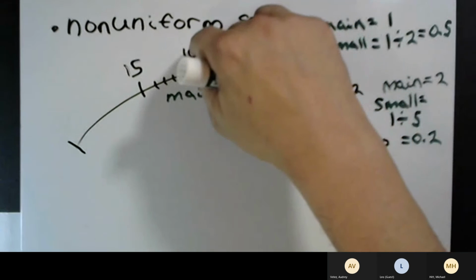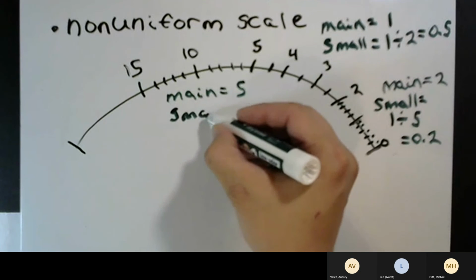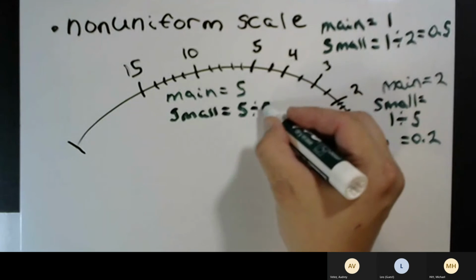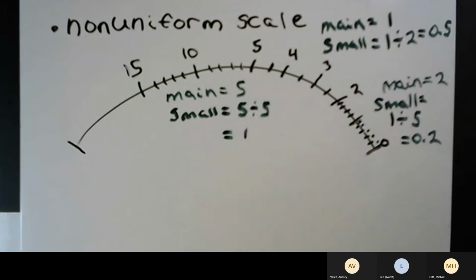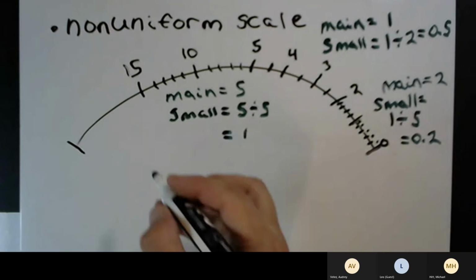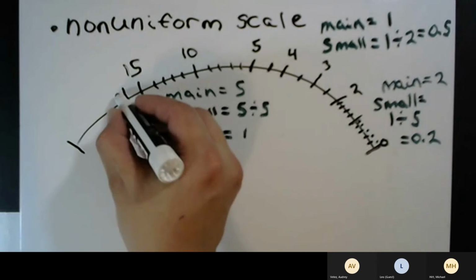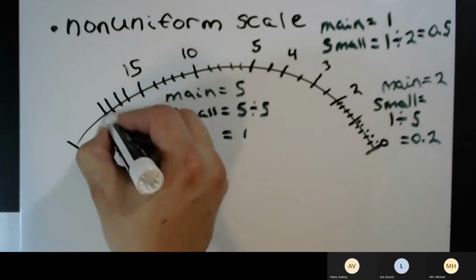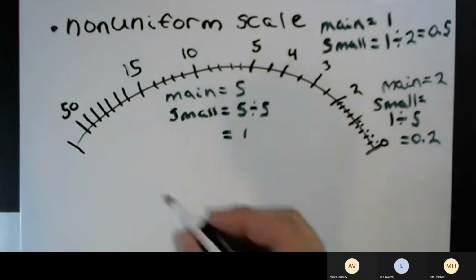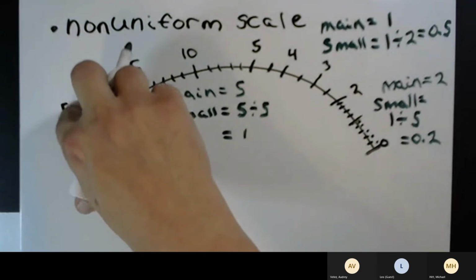So you have 5 here for the small, 5 divided by 5, or 1. Let me go one more.